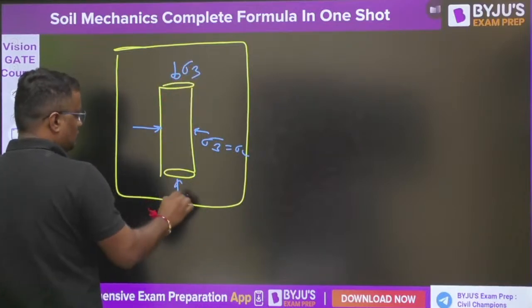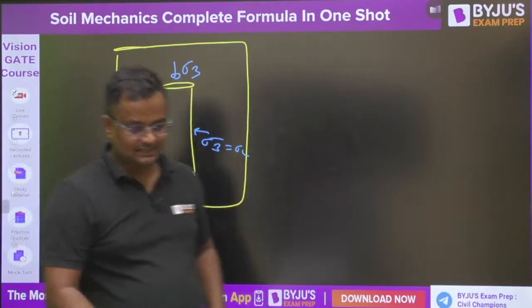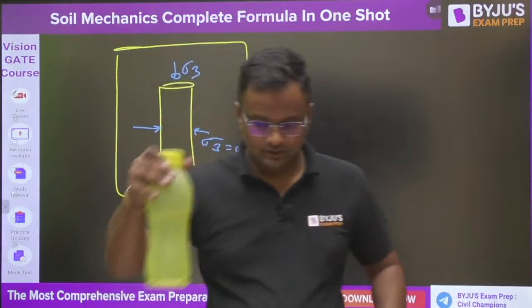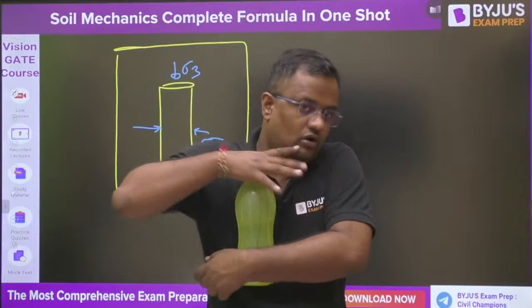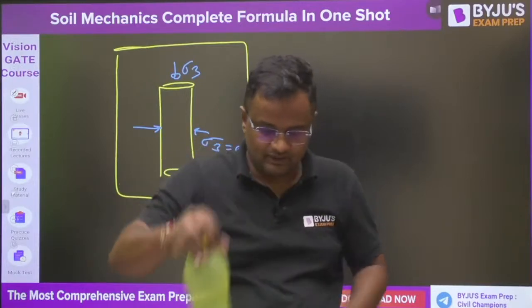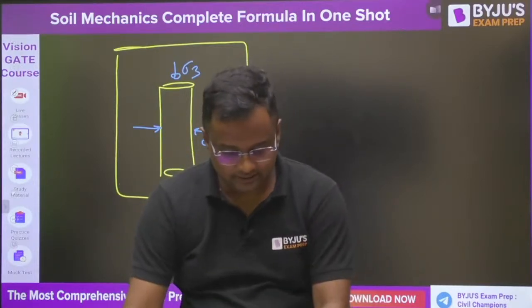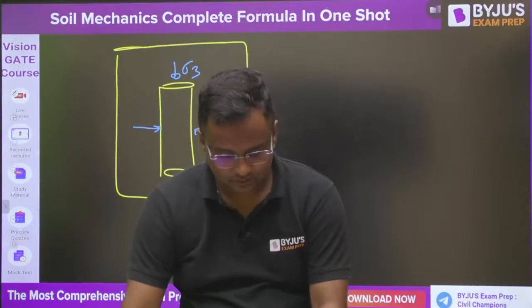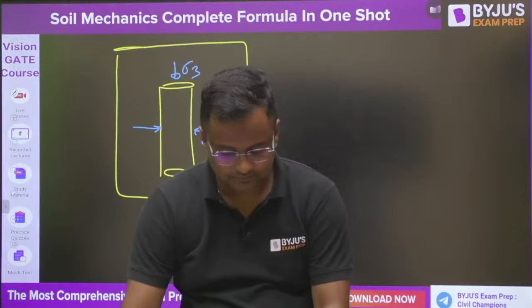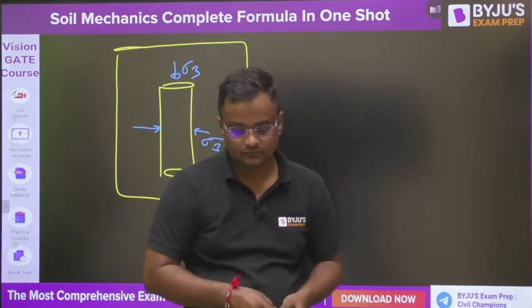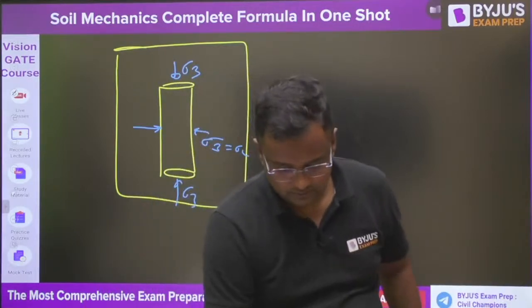That sample is like this, and I am applying the load like this, sigma 3 from all sides, everywhere we are providing the sigma 3. Got it? Friends? Any doubt? No doubt. Good.